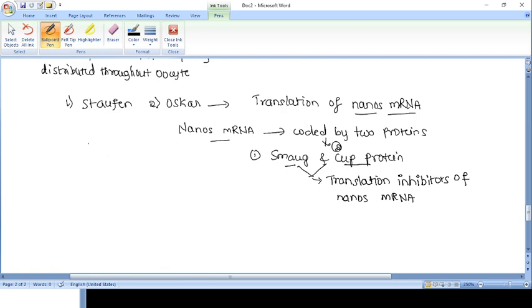Now, Stephen protein will help for the translation of Oscar mRNA.